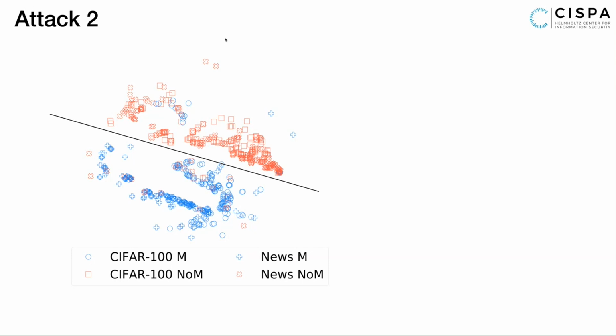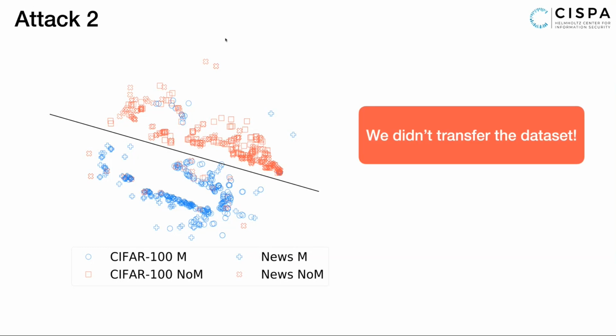So what this means is, if I'm able to learn a local classifier that can clearly separate members and non-members of CIFAR-100, this decision boundary can easily be carried over or transferred to separate the news members and non-members. So what's the general conclusion here? In this attack, we didn't actually transfer the dataset, because the news dataset and the CIFAR-100 dataset are completely different datasets.